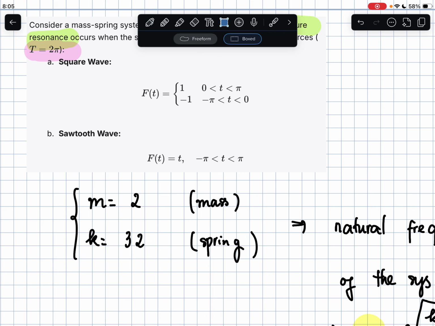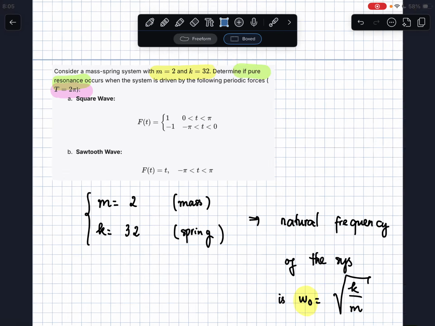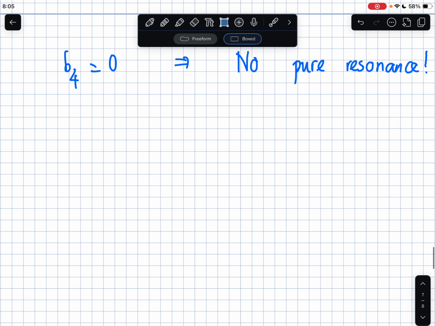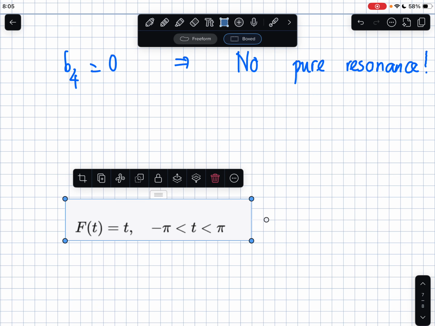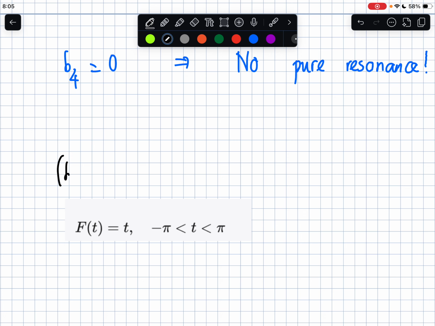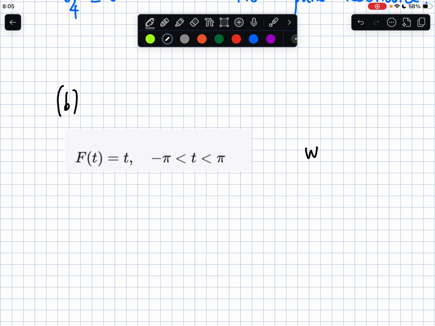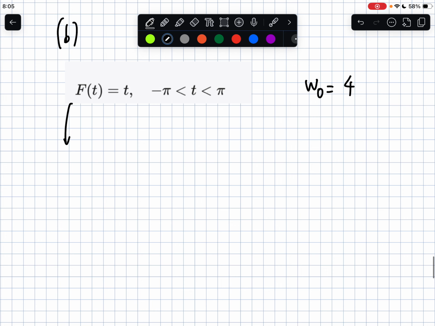Now let's try the second case, the sawtooth wave. Here's the second part. We still have the same natural frequency of the system equal to 4. We have this force F equal to t, for t between minus pi and pi.